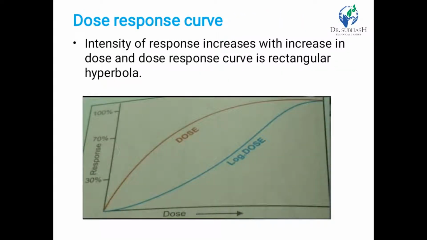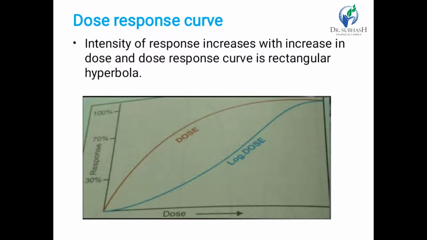Now, the dose response curve. Intensity of response increases with increase in dose, and the dose response curve is a rectangular hyperbola. In the figure you can see on the x-axis we have taken dose, and on the y-axis we have taken response, right? The curve of dose versus response will make a rectangular hyperbola.